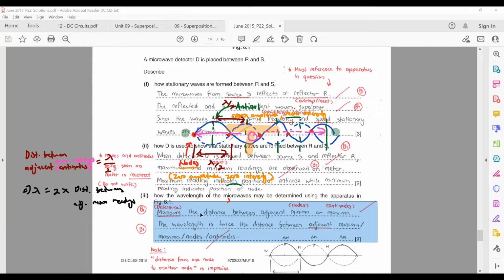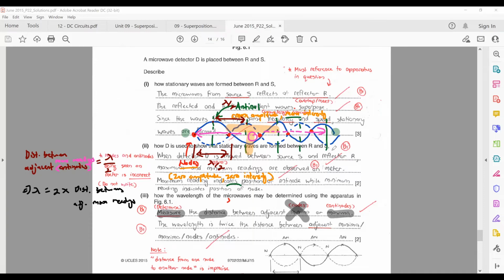You really only just need to write one. What I mean by that is that if you just write measure the distance between adjacent minima, that one would be sufficient. You don't need to talk about maxima. Or you say measure distance between adjacent maxima, that one is sufficient. You don't need to mention minima. You don't need to mention all the cases. Just pick one.